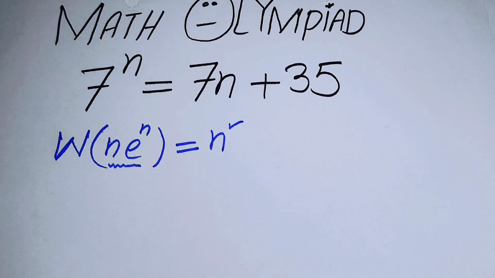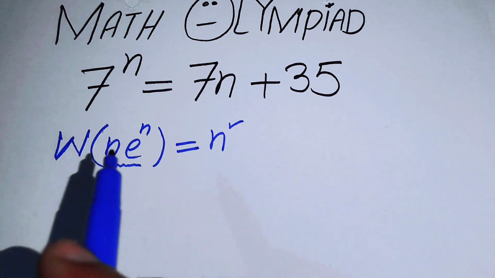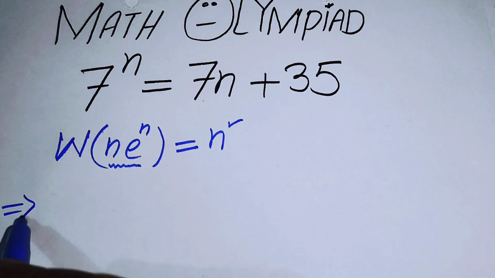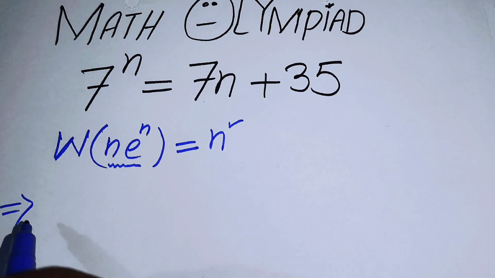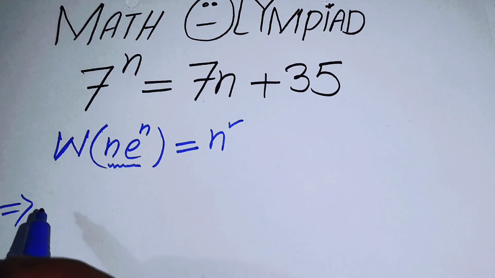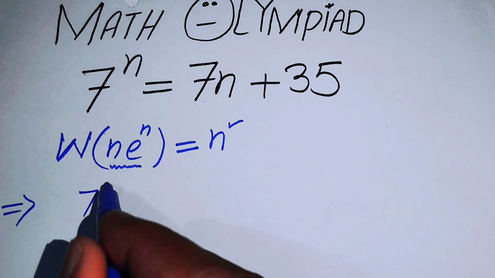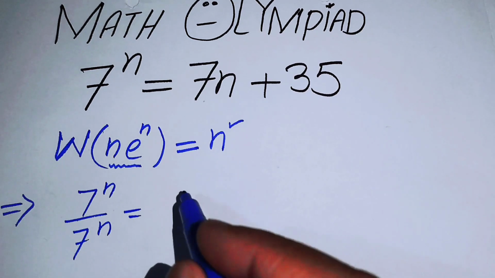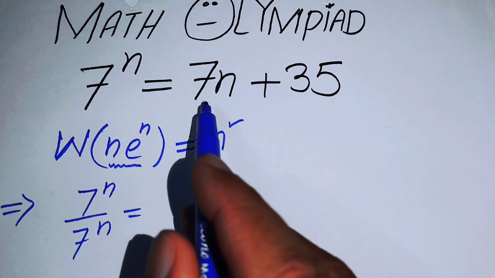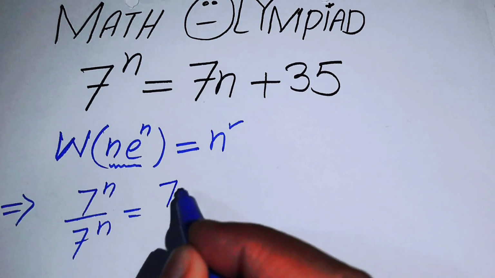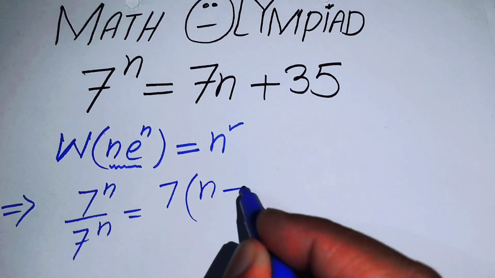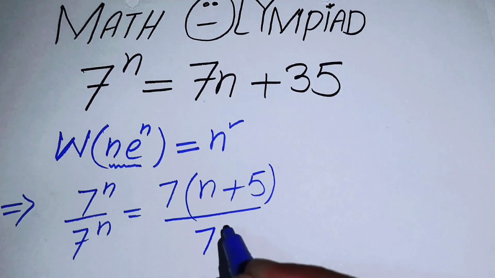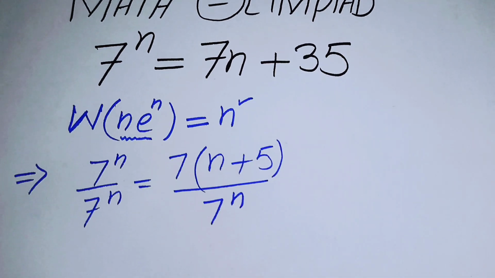The very first thing we are going to do is divide both sides by 7 to the power of n, and we get 7 to the power of n over 7 to the power of n equals, taking 7 common, 7 times (n plus 5), and this whole over 7 to the power of n.